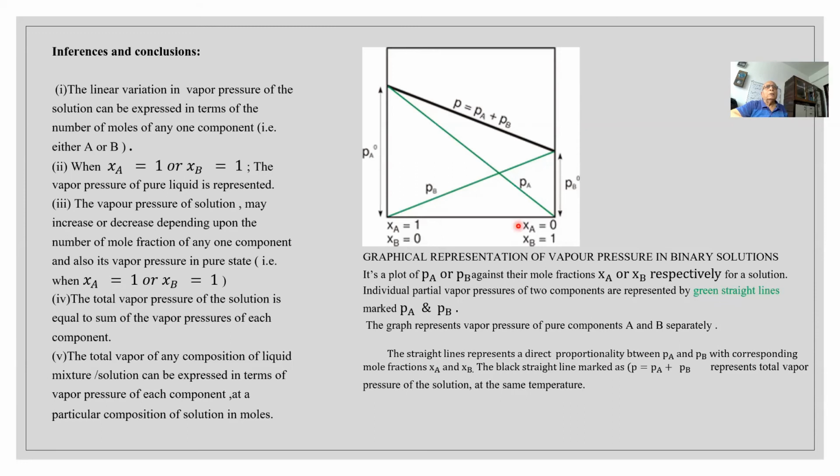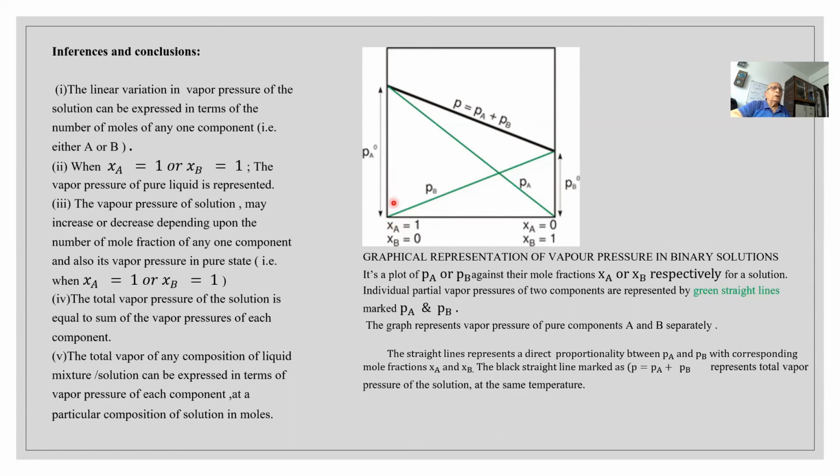Solution which you prepared, it may have any number of mole fraction of a particular component. Therefore, we have to draw a graph in such a manner showing both the variables.